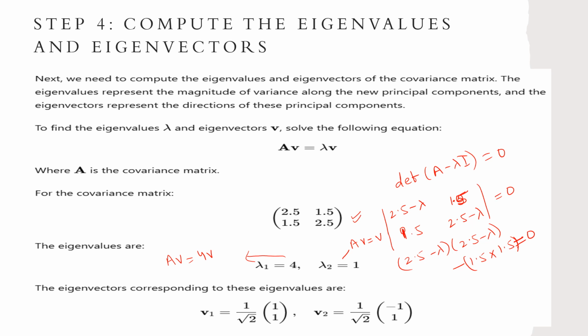I assume I don't know this vector; this vector I need to identify. So V1 I got as 1, 1 and V2 I got as minus 1, 1.